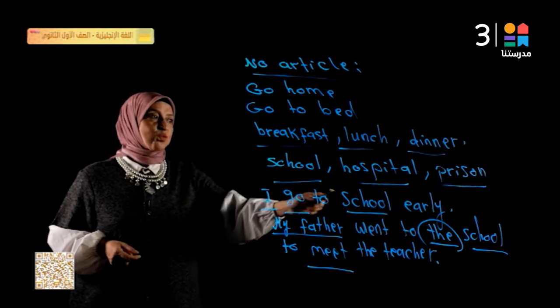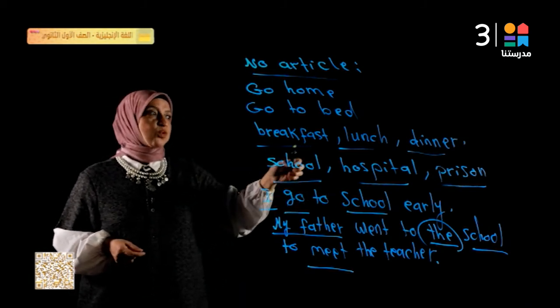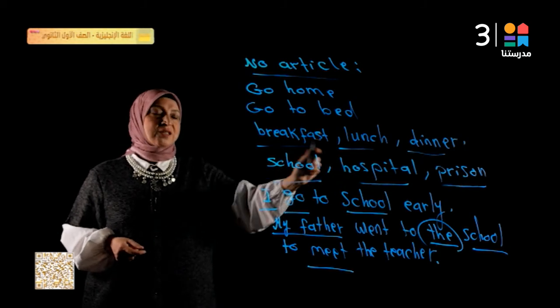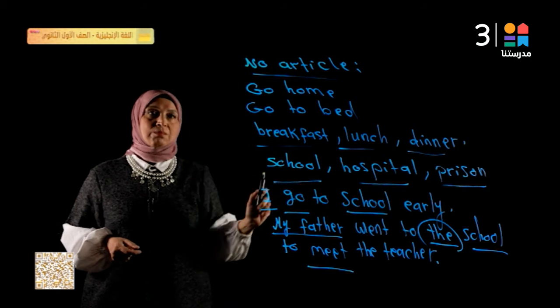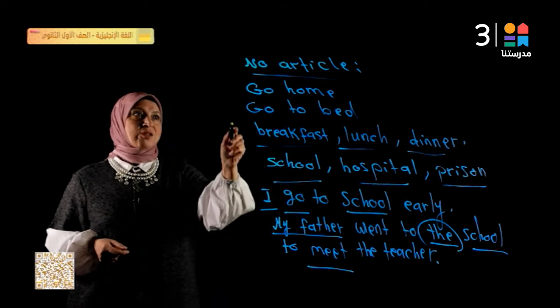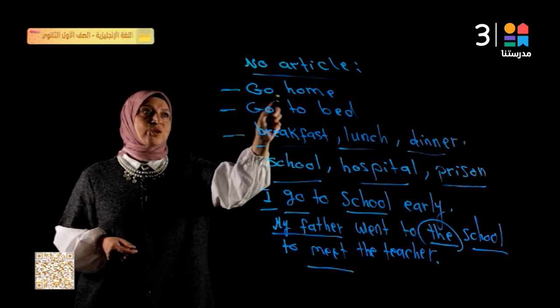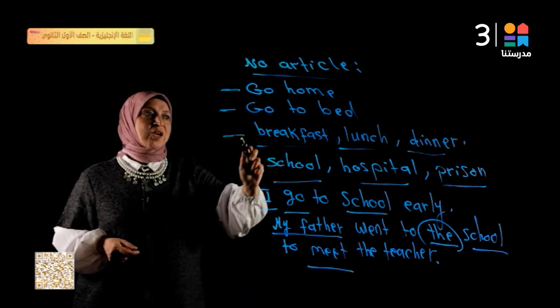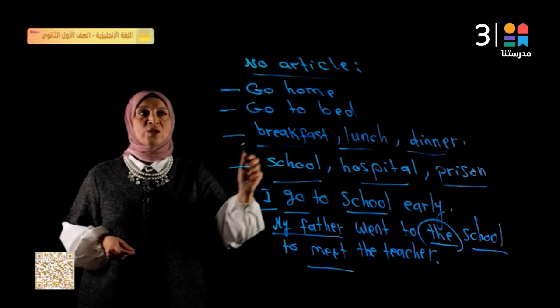But if I use "the" with these places, it means that I go for another reason. For example, I went to the prison to visit someone. I went to the hospital to visit my uncle. So here are examples of things which we don't use "the" with: go home, go to bed, I have breakfast, I go to school, or I go to hospital, or I go to prison.